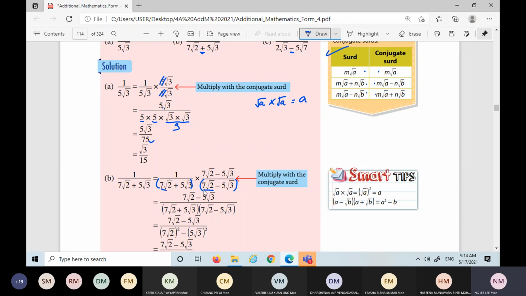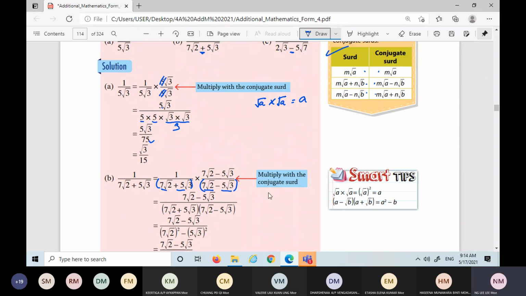So this one will give you 7 square root of 2, and then power 2. And then second term times with the second term. This one will give you 5 square root 3, then the power 2.